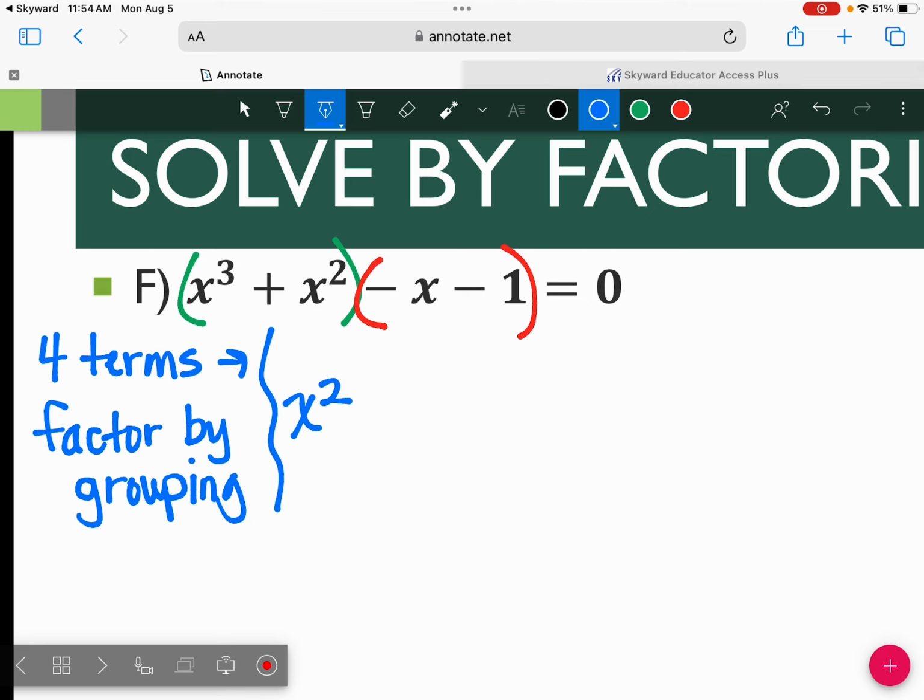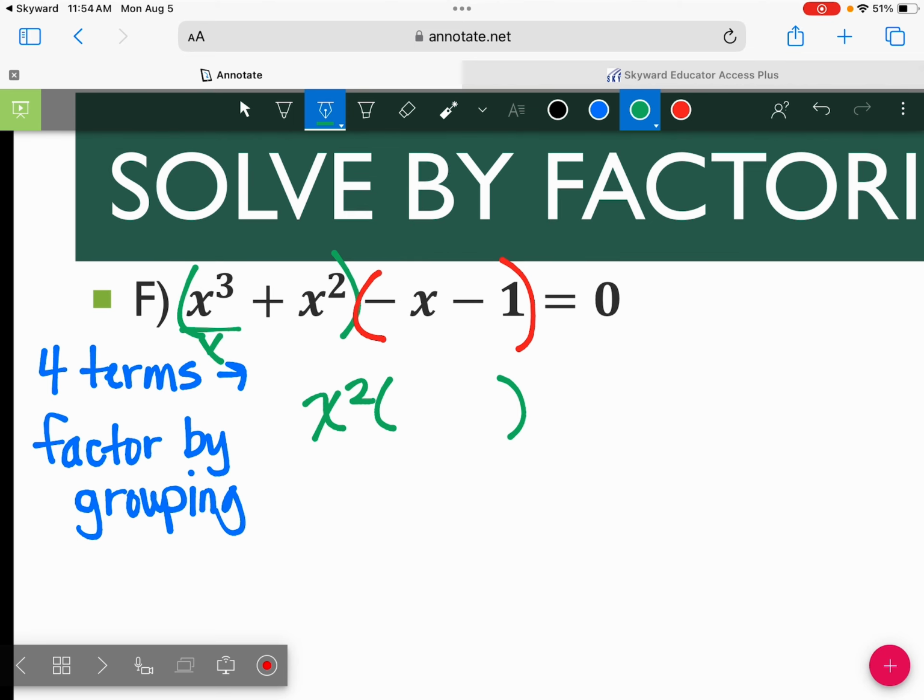So we're going to actually take out an x squared. Let me actually write that in a different color. Hold on. So for this first group, I'm going to take out an x squared. Whenever you take out a GCF, that's division. So that means I'm dividing these terms by x squared. When you divide them both by x squared, what do you have left over? X plus 1, yep.